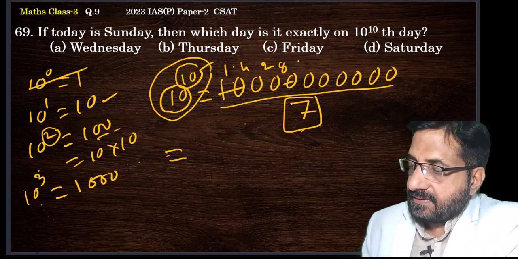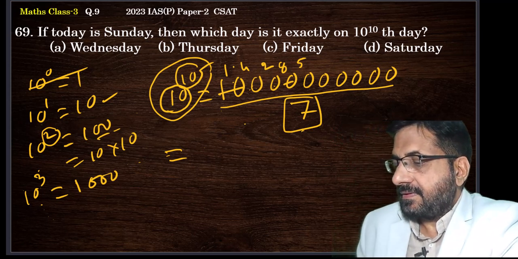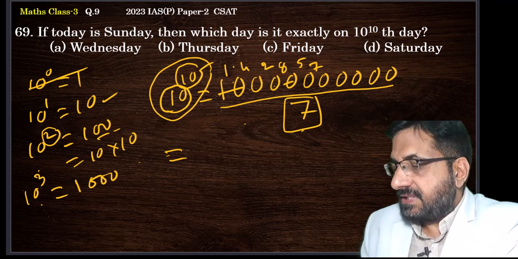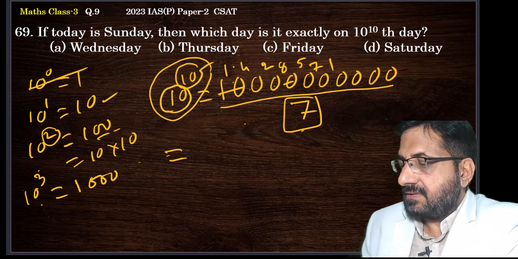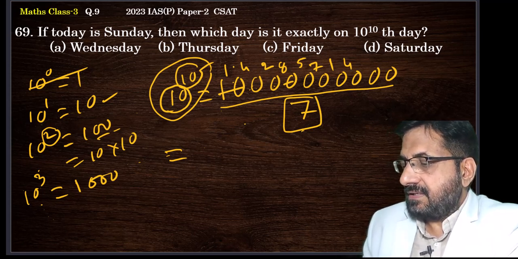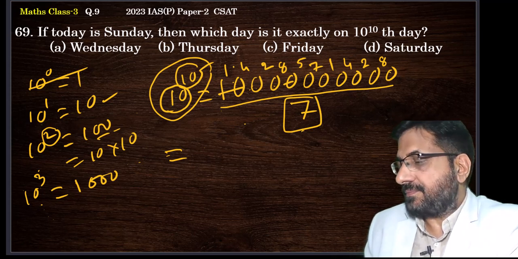Then it becomes 40, 7 5s are 35, 5 is the remainder. Then 7 7s are 49, 1 remains, it becomes 10, then 7 1 is 7, 3 is the remainder, again 30, 7 4s are 28, 2 is the remainder, then 20, 7 2s are 14, so 6, then 7 8s are 56, 60 minus 56 is 4.